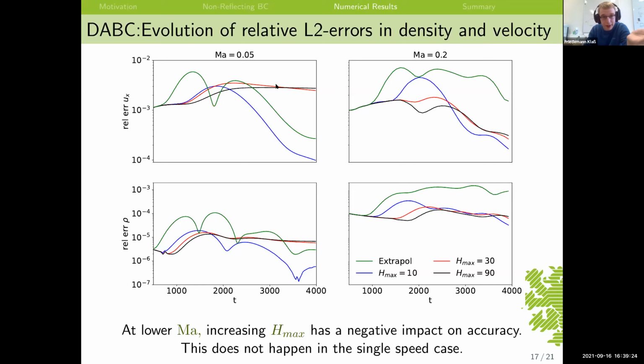So at later time steps, these errors will not decline anymore. This is a behavior that I still need to understand, what happens at larger values of the history depth at low Mach numbers. Let me also note that this behavior is not happening in the single speed case. So it looks like this is a problem due to the interaction of the several boundary nodes.